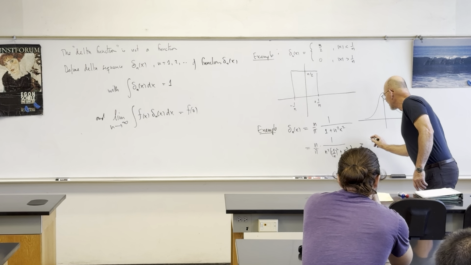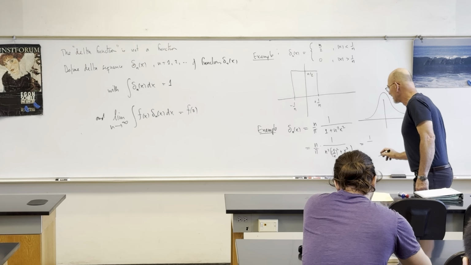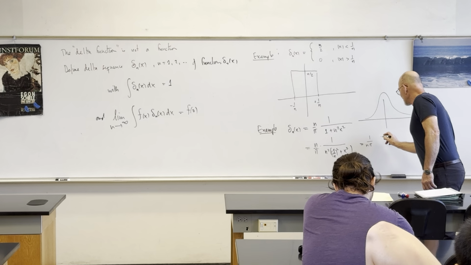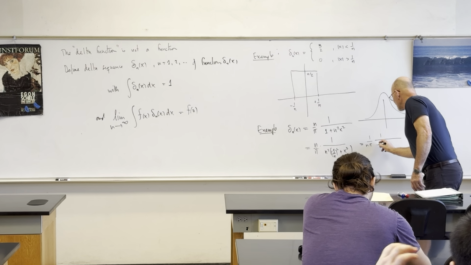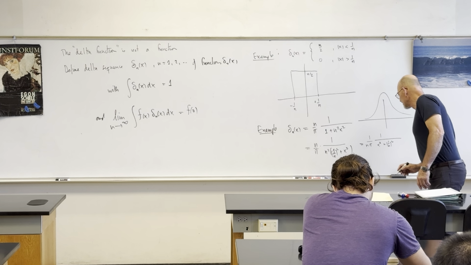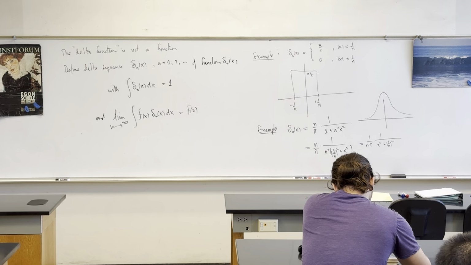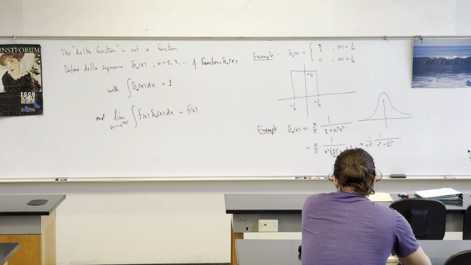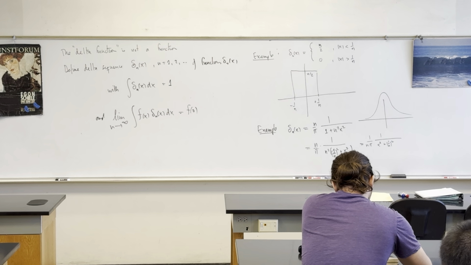So we have 1 over n pi times 1 over x squared plus 1 over n squared. What do you guys think now? Can we do that integral? This is our standard, this is our first example for contour integration, right? So we'll be able to prove this one.